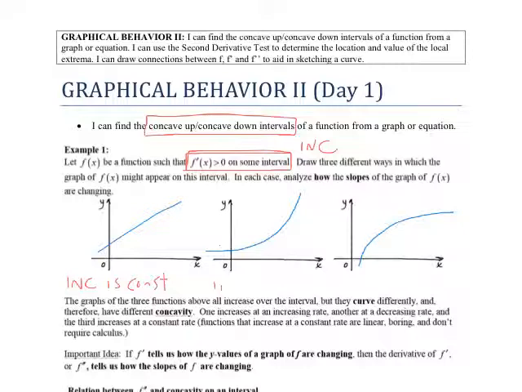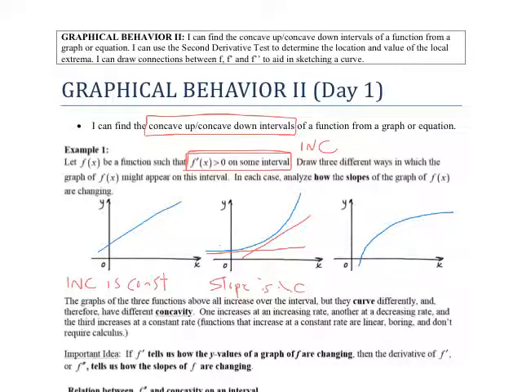This one, we're increasing, but we are increasing the amount we're increasing by, or maybe a better way to write that is the slope is increasing. So down here we have a slope of almost 0.